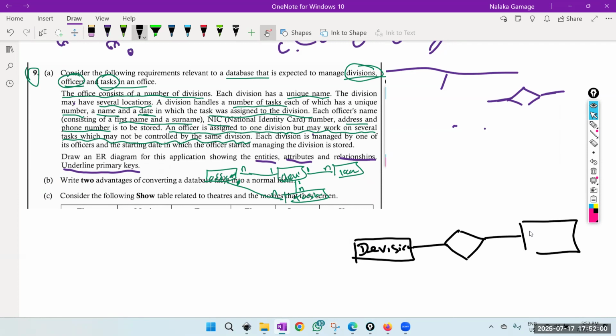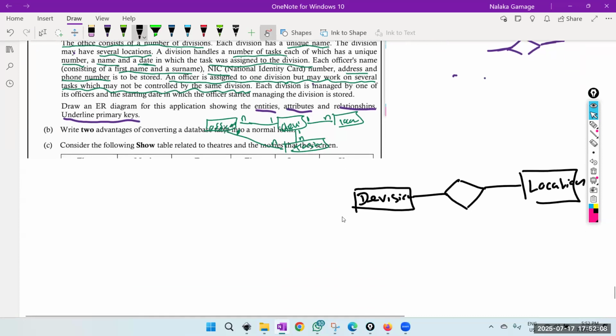Remember, use singular location, not locations. I draw it neatly, not like me. Then division has tasks. Division consists of location or something like consist.